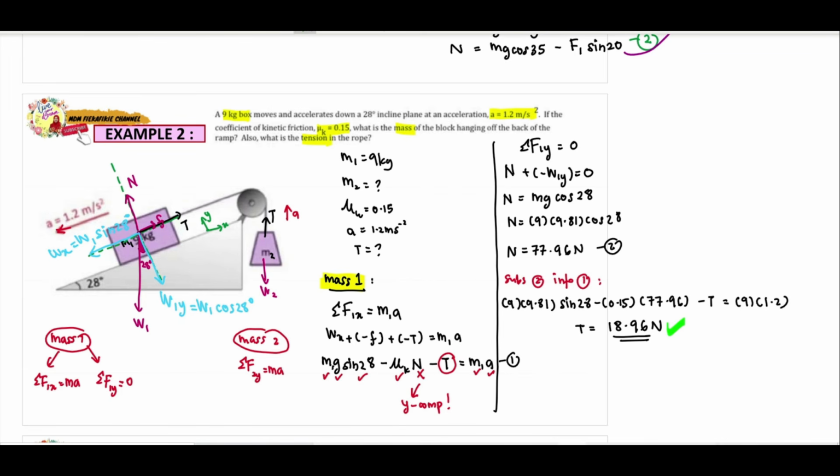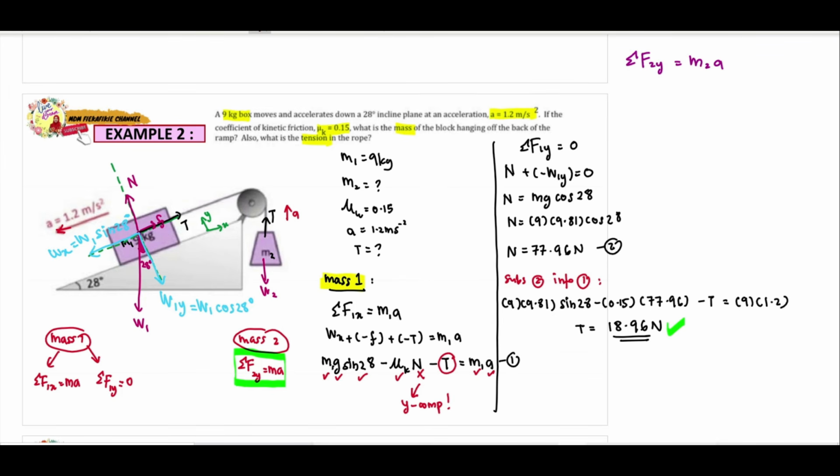Alright, so nak dapat mass of the hanging block, sudah tentunya kita perlukan equation total F2Y equal to M2A. Okay, so saya akan tulis dekat sini lah guna color purple. Sepadam dulu yang atas ni, supaya dia tak mengganggu kita. Okay, so total F2Y equal to M2A.